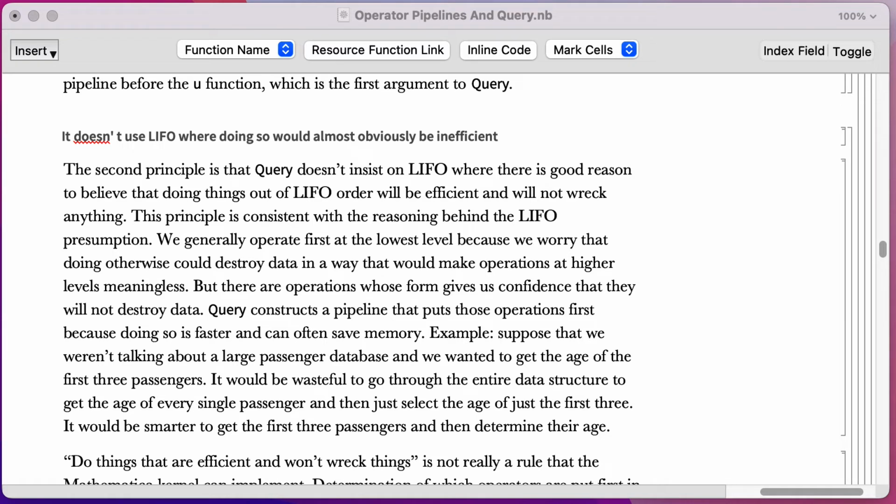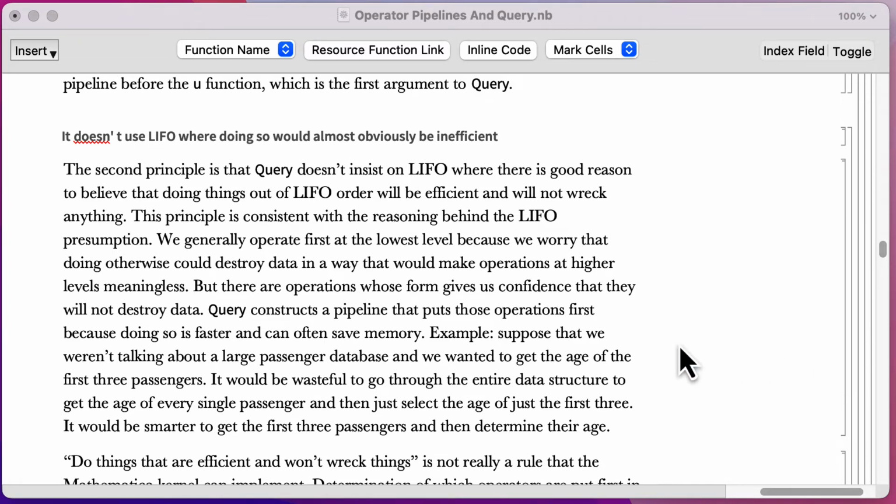We could go through the entire data structure and extract out the ages of everybody, and then just get the first 3 passengers' ages. But that would require a pass through all the data. Instead, it would be a lot more efficient if you just took the first 3 passengers and went through however many fields you have on them, 40, 50, or whatever, and pick out the age.